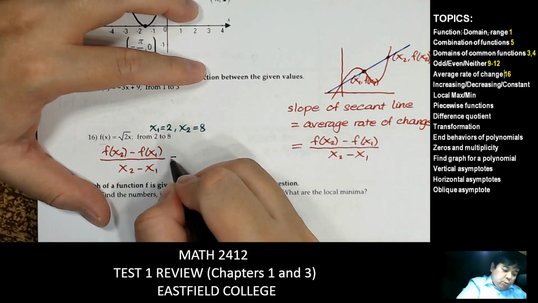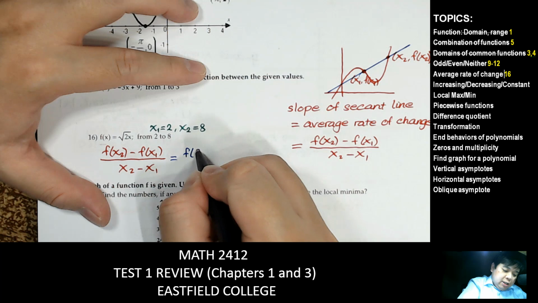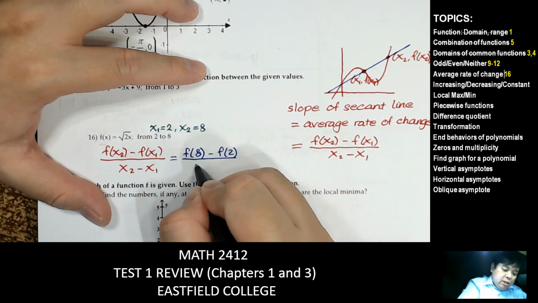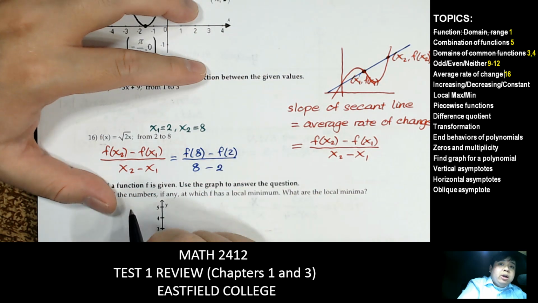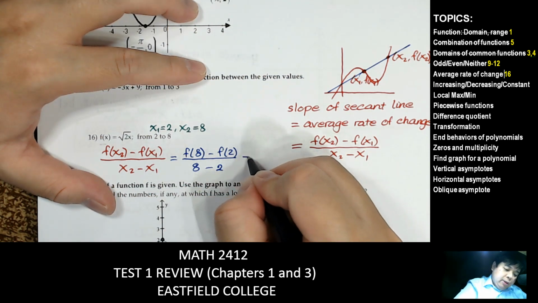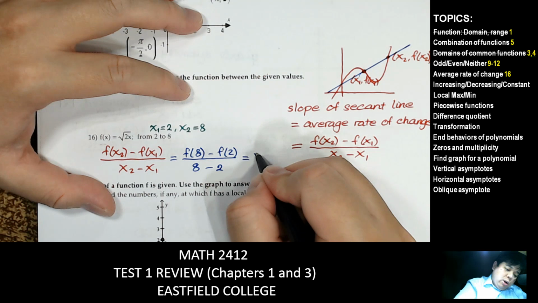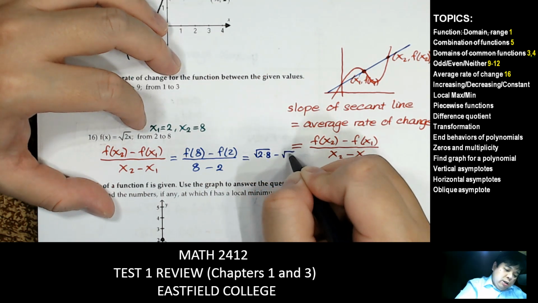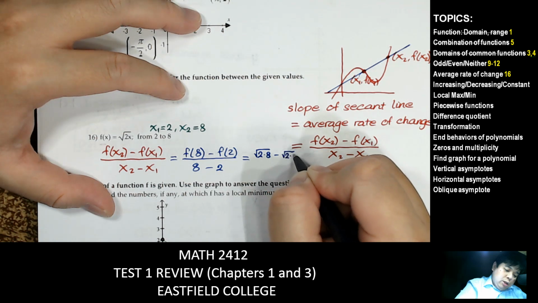And we just need to put f of 8 minus f of 2 over 8 minus 2. So we will have square root of 2 times 8 minus square root of 2 times 2.